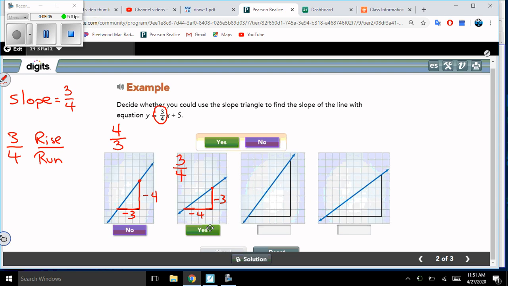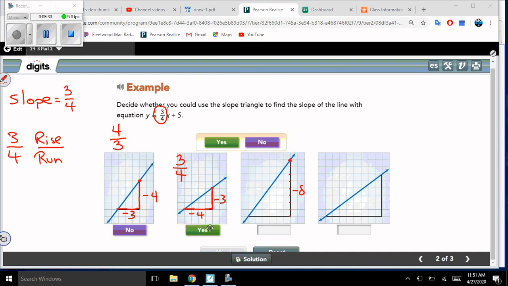Now again, after you find the first one, you should be able to decipher what this slope actually looks like. So I got to believe, just kind of glancing at these, that I'm hoping you look at it and say, hey, it doesn't look like number 3 is going to work, but it does look like number 4 has a chance. Let's verify this. So if I go below the line, I'm at 1, 2, 3, 4, 5, 6, 7, 8.